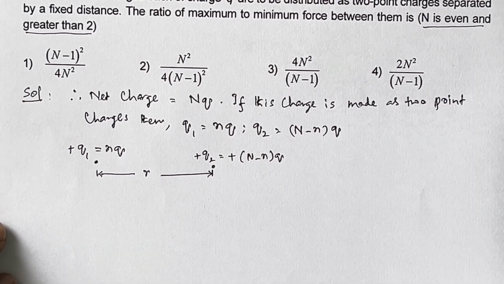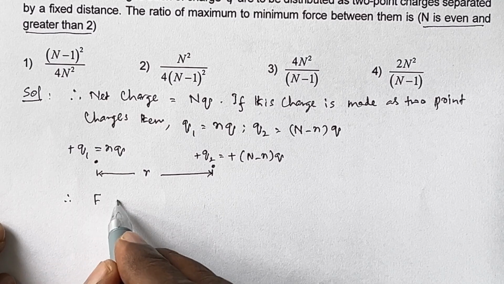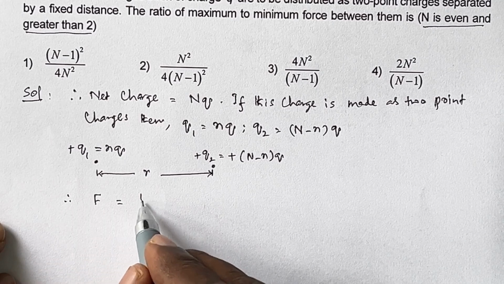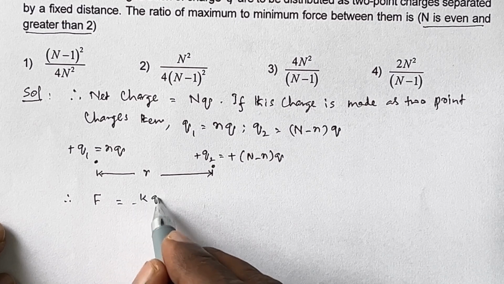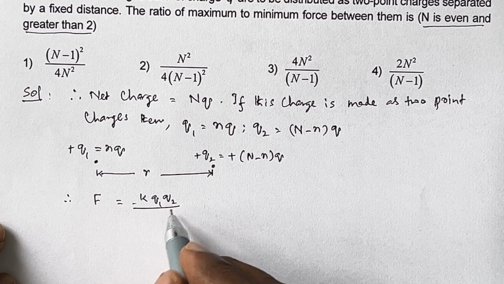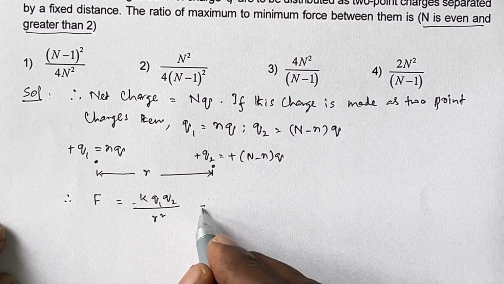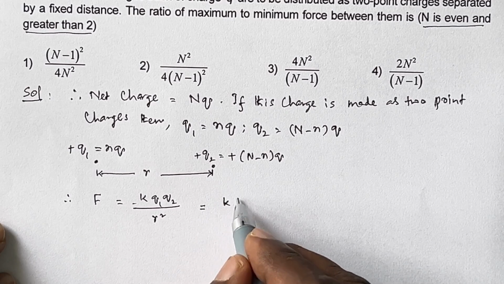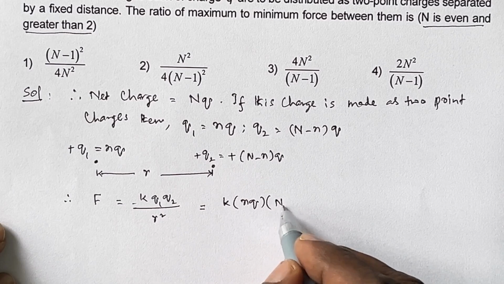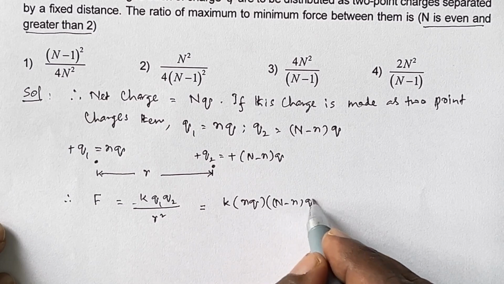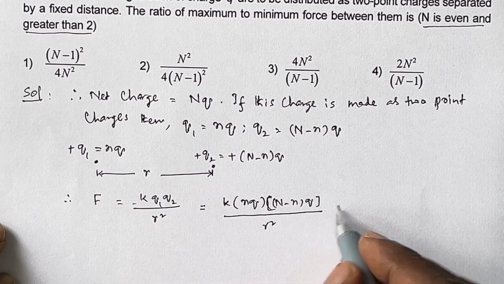Okay, let us calculate the force. Therefore, the Coulombian force, what is it? 1 by 4 pi epsilon naught, or simply k, Q1 Q2 by r square. This is the formula. That is equal to k, small k, right? Q1 is nQ, Q2 is N minus n into Q, by r square.